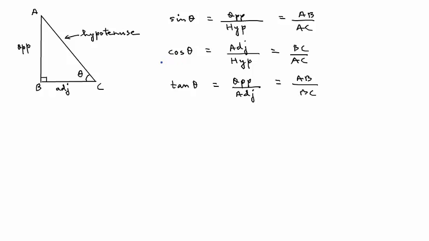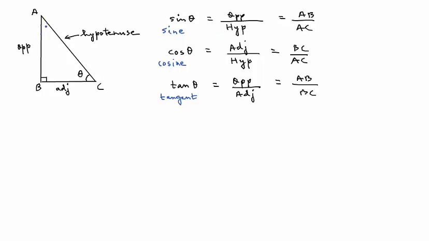Now cos is actually the short form of cosine, and tan is the short form of tangent. In fact, sin is also a short form. The actual name is sine. So the ones in blue are the actual names.